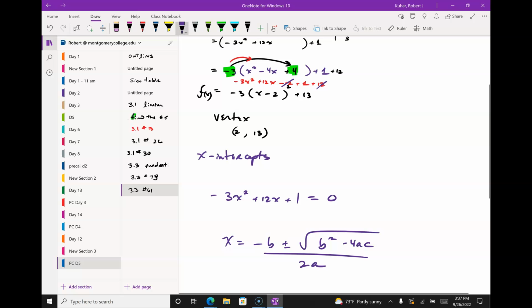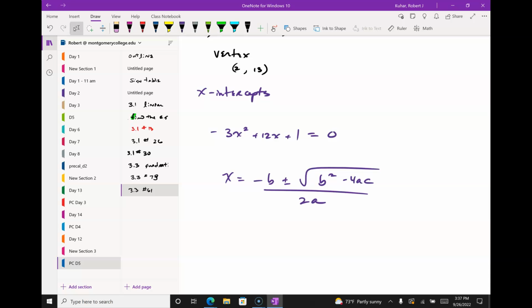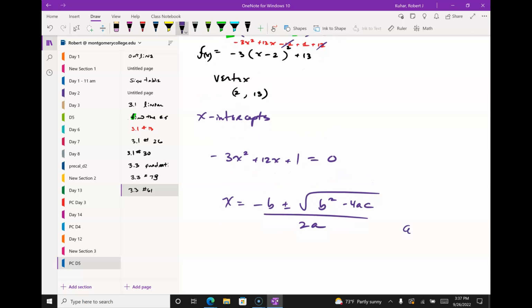You have a teacher that sang it to you with Pop Goes the Weasel? X equals negative b plus or minus the square root of b squared minus 4ac all over 2a. Sorry. So my a value is negative 3, my b value is 12, my c value is 1.